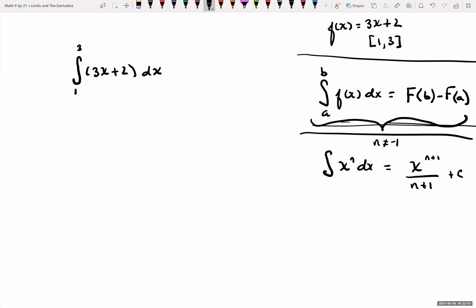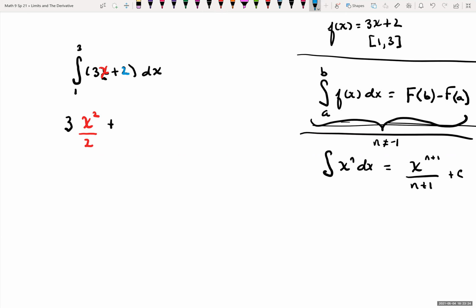So let's start. I'm taking the antiderivative. I can ignore the 3, bring it down at first. Taking the antiderivative, my exponent is 1, so I'm going to add 1 to my exponent. So 1 plus 1 is 2, and I'm going to divide by that new exponent, 2. Plus, now taking the antiderivative of 2.